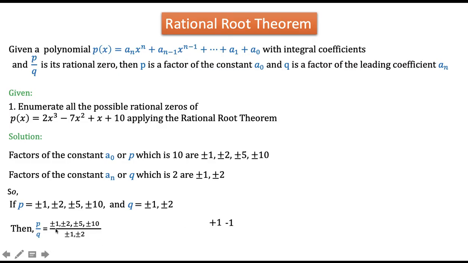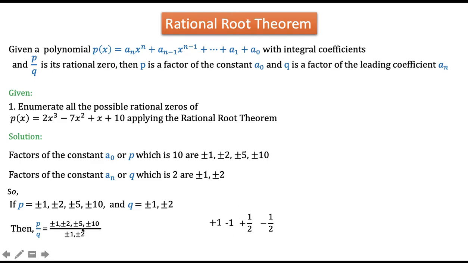We will go now to the plus minus 1 divided by plus minus 2. Positive 1 divided by positive 2 is positive 1/2. Positive 1 divided by negative 2 is negative 1/2. Negative 1 divided by positive 2 is still negative 1/2, so we don't need to write it again. And negative 1 divided by negative 2 is positive 1/2, so we will not write it again because it's already here.